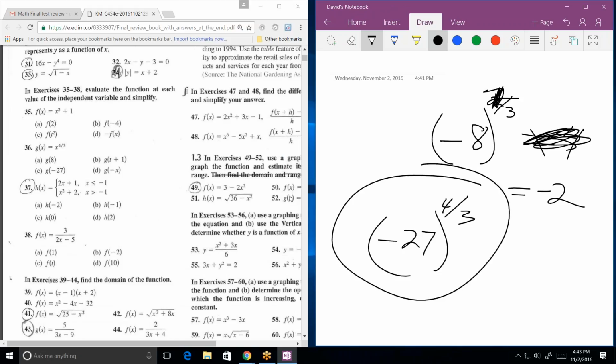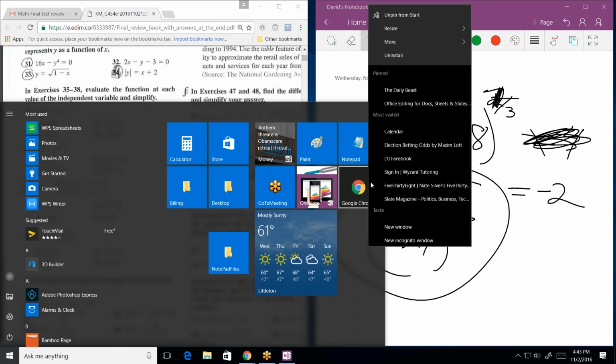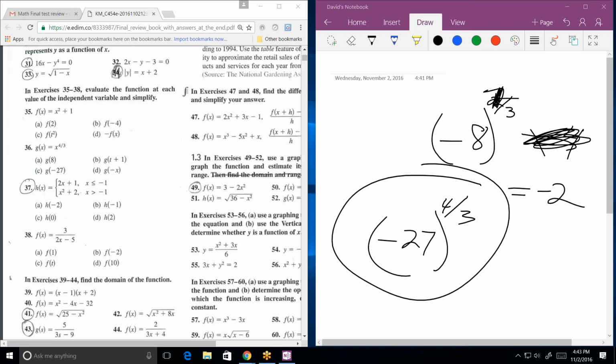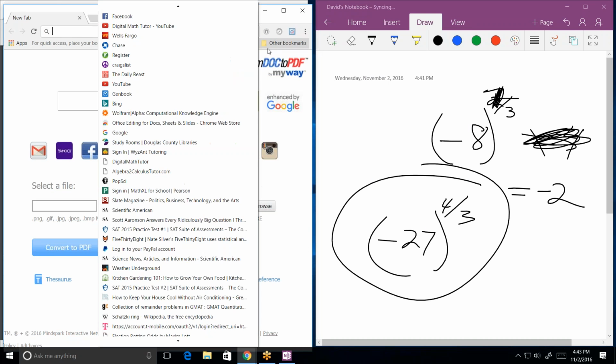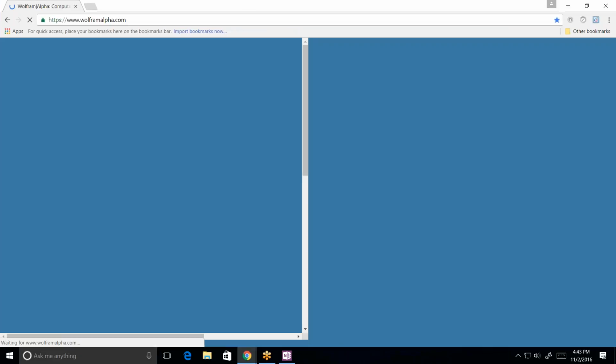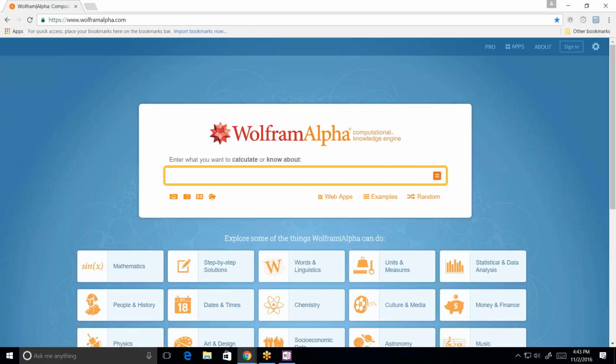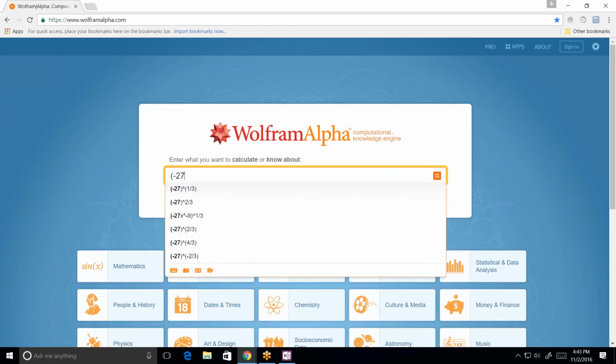I bet you Wolfram Alpha doesn't tell us that that is 81. It'll take me 2 seconds to pull it up. I'm just very curious about this, and it has kind of bothered me because I've never fully understood it. It has to do actually with very sophisticated math.